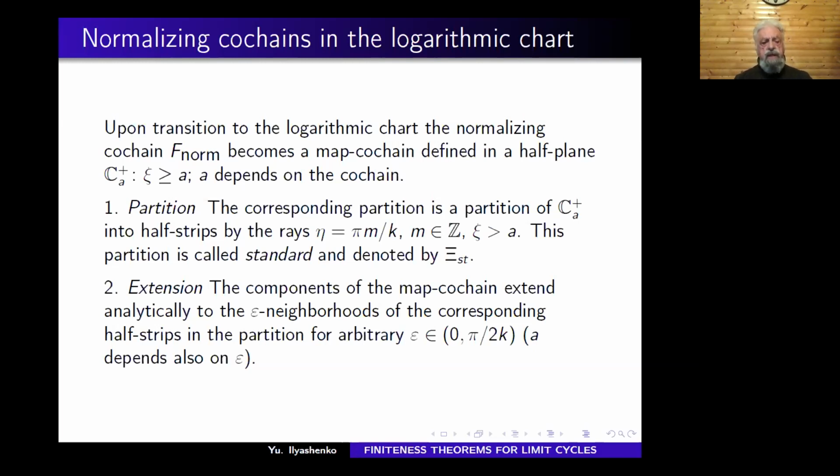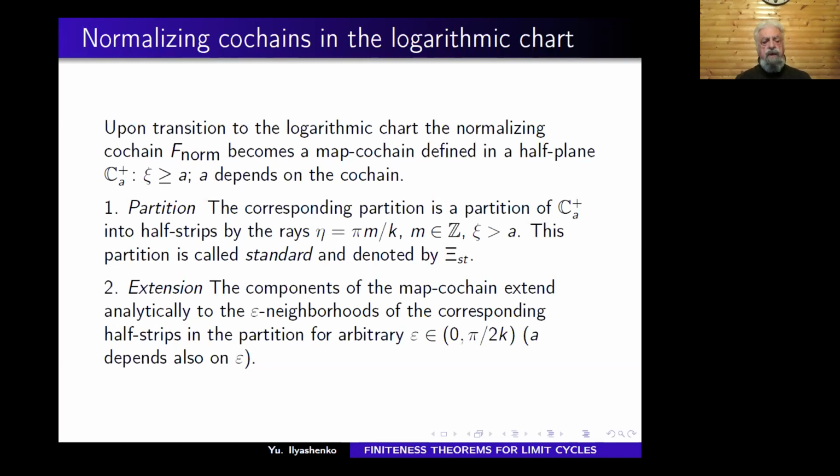What is k? K is the multiplicity of the fixed point of the monodromy map, parabolic germ, of the saddle node. I described in the previous lecture the case of multiplicity 2, and k is multiplicity minus 1.